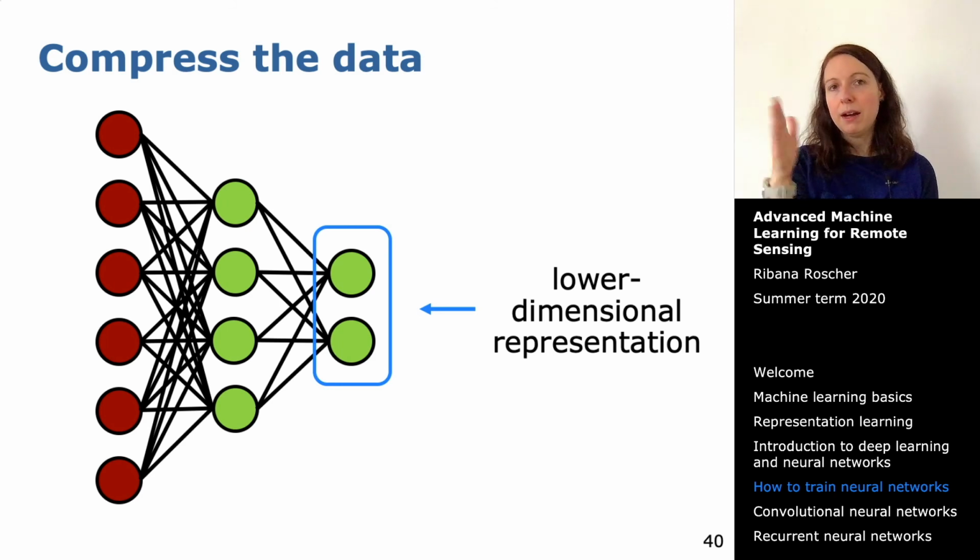If you compare the input dimension with the last layer, you can see that this has a lower dimensional representation. You come from, in this case, 6 neurons to 2 neurons, so you have a 6-dimensional space, and then you end up with a 2-dimensional space. This is something which many neural network architectures use, and you can use it for a lot of tasks.